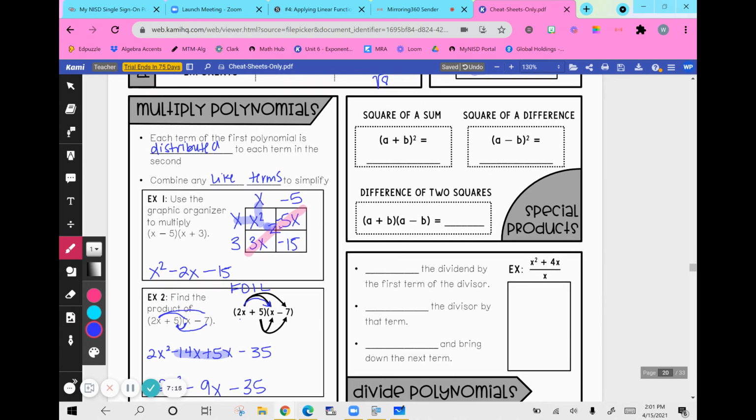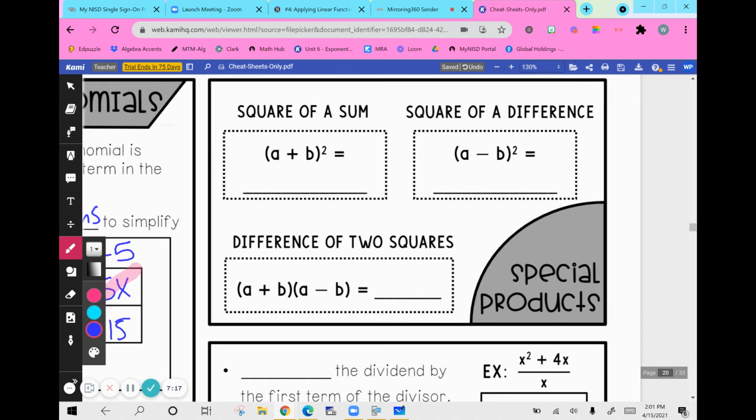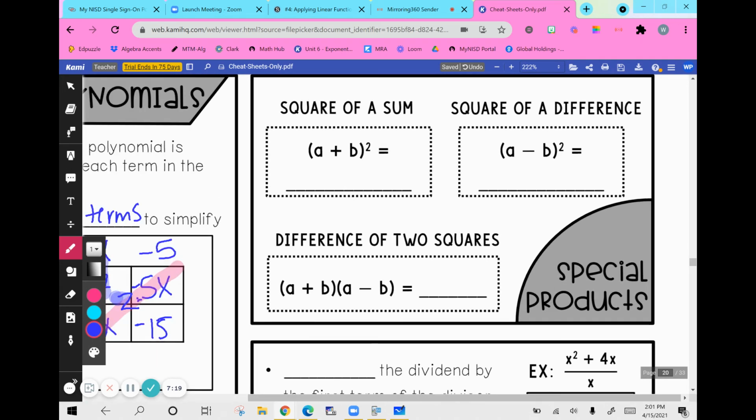Okay, so you've got some special products where it says square of a sum. And that is always going to give you a squared plus 2ab plus b squared. So if you have x plus 2 squared, that's really x plus 2 times x plus 2.